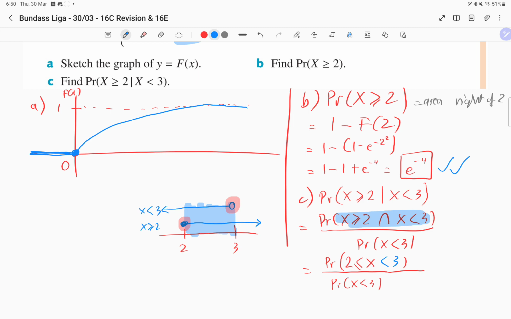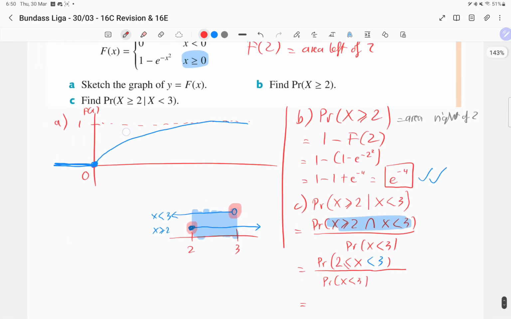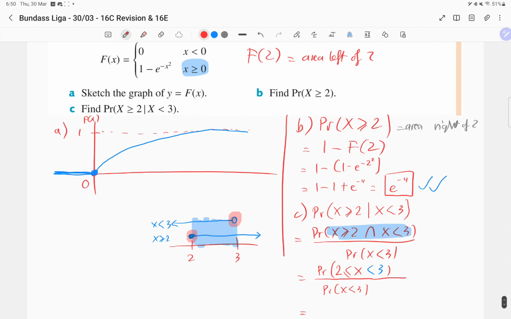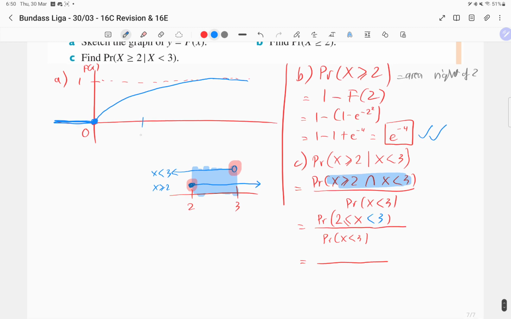Okay? Alright, now use the big F notation. How do we use this big F notation to solve this one? How do you find the area between 2 and 3 using the big F notation?